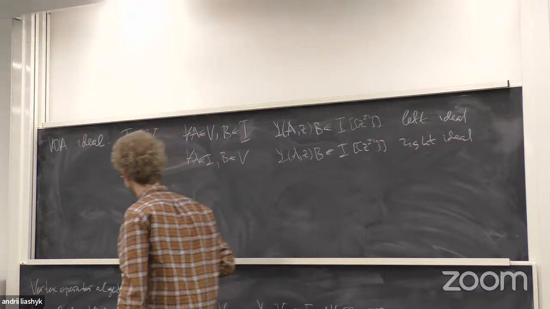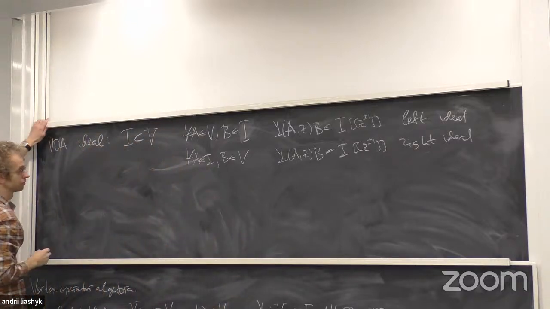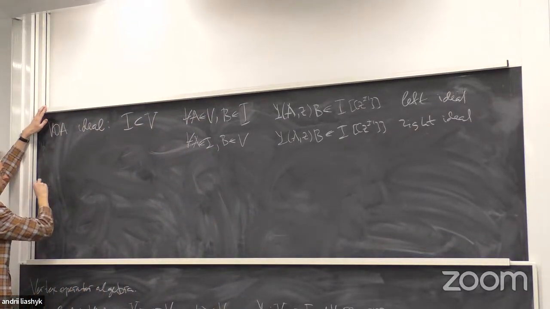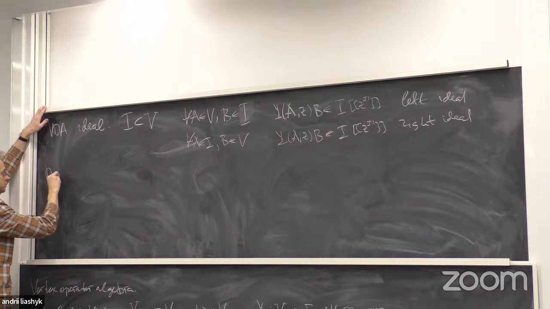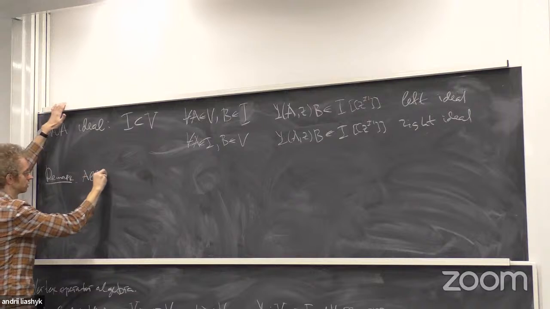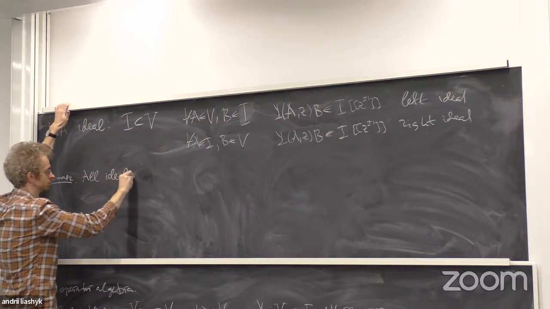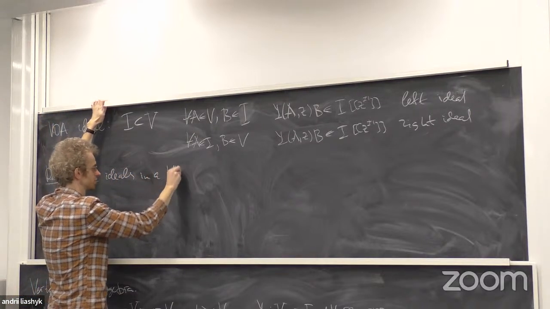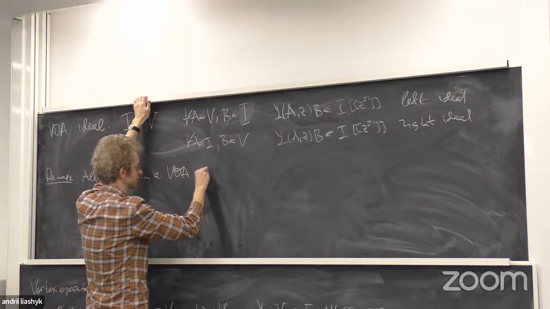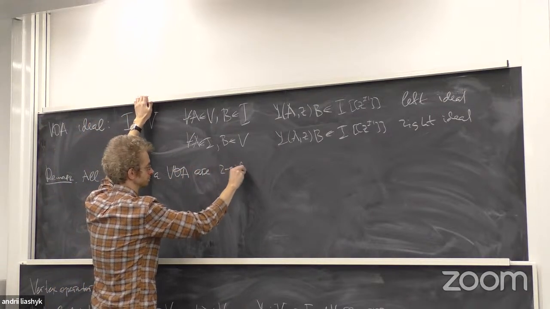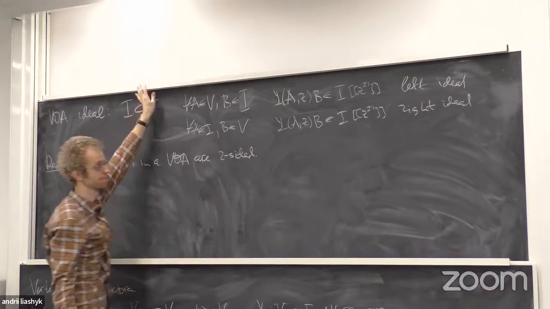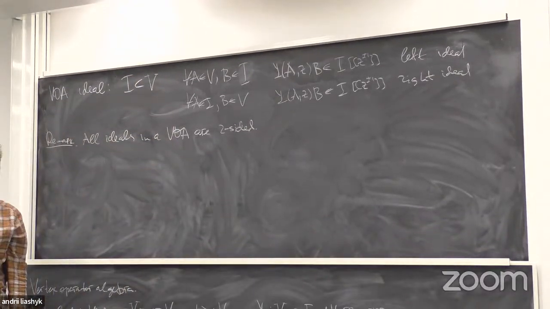But actually, we are not going to prove it right now, but the following remark is in order. All ideals in a vertex separated algebra are two-sided. Well, this is a property, but we're not going to prove it right now.